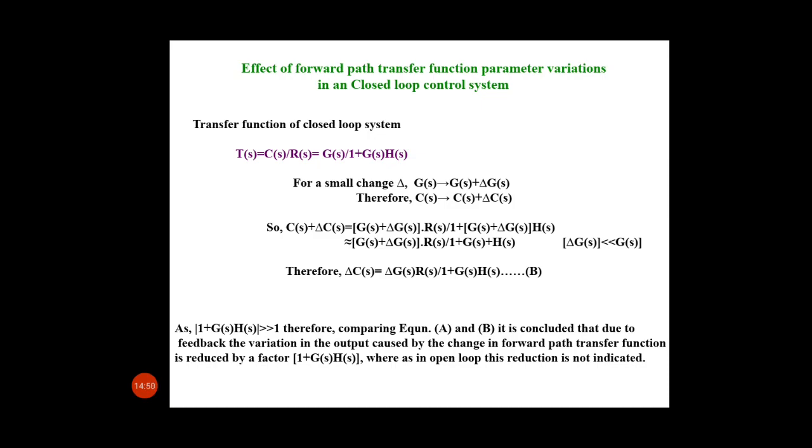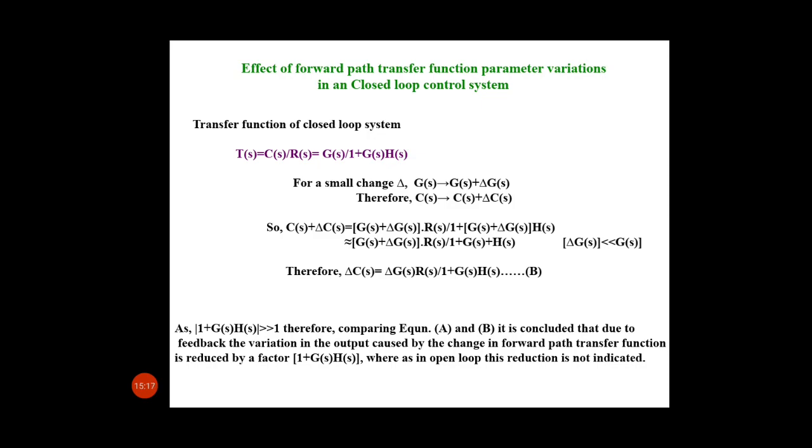So we consider only the closed loop system. If we observe the transfer function of the closed loop system, this is the overall gain. Transfer function means overall gain. This overall gain is controlled by the factor 1 plus G(s)H(s).